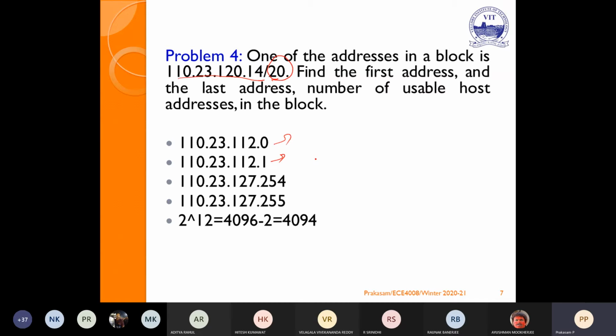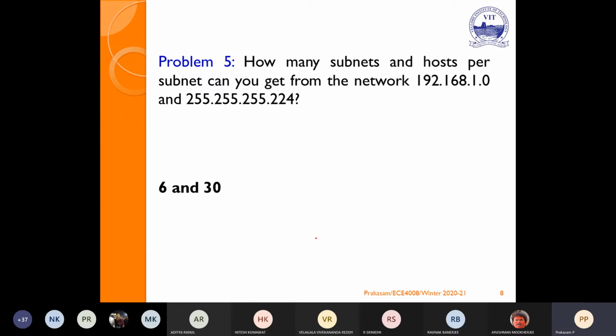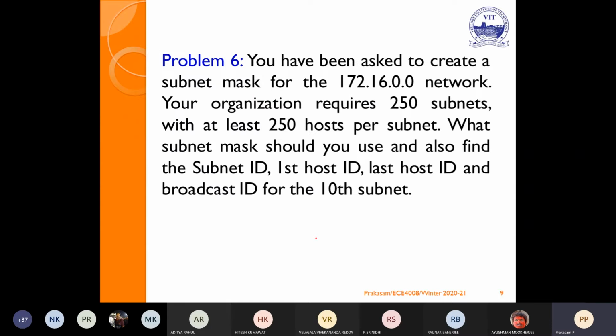Then take the complement, OR with that, and you will get the broadcast minus 1, that is the last host address. So the remaining bits are 12. So 2 power 12 is 4096, 4095. I think you can refer to this. This is also the same thing. It is very easy. You can refer. This is very important.